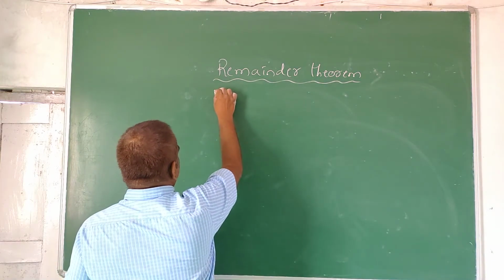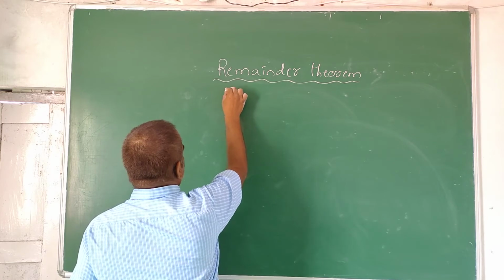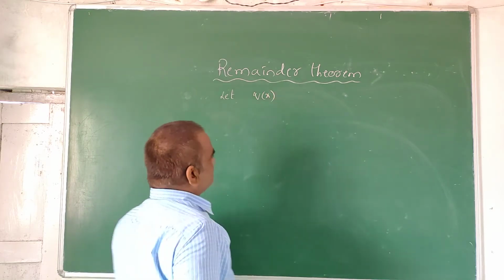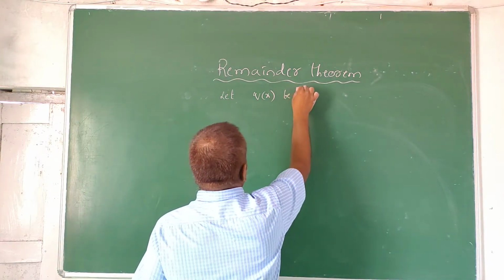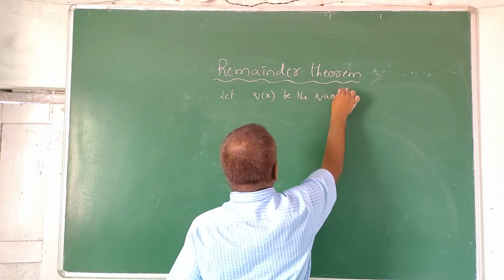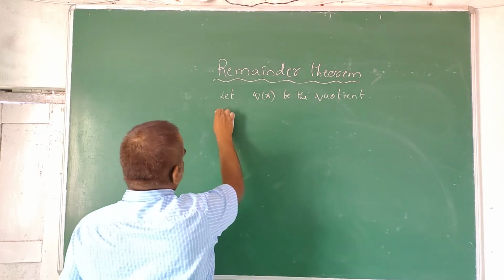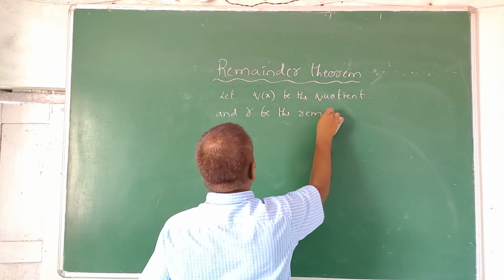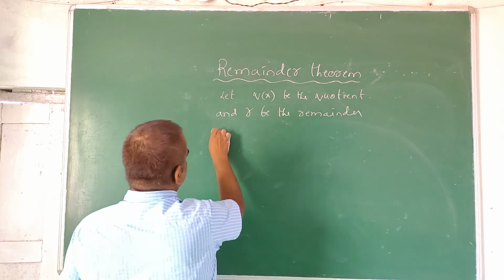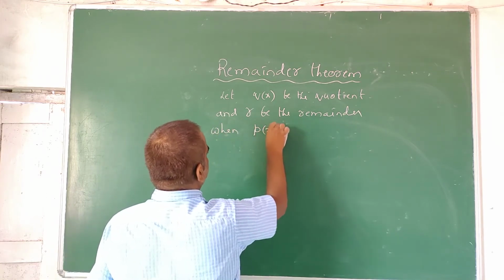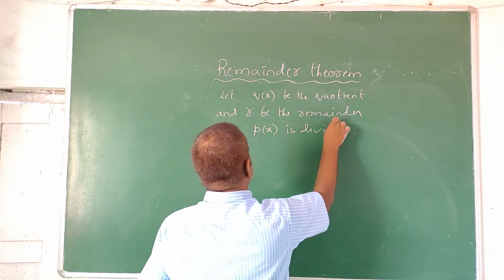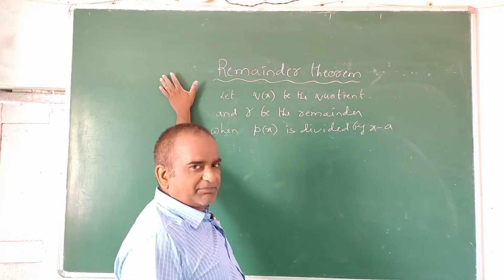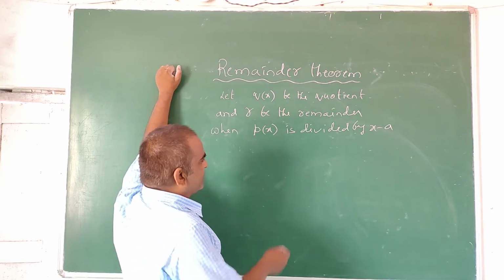So, let q of x be the quotient and r be the remainder when p of x is divided by x minus a.